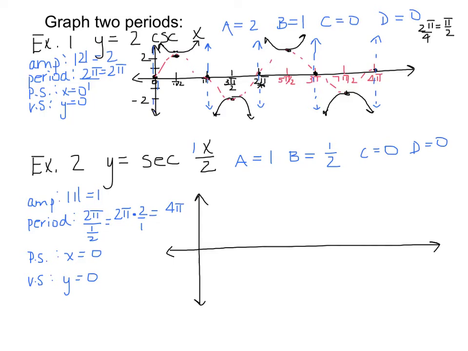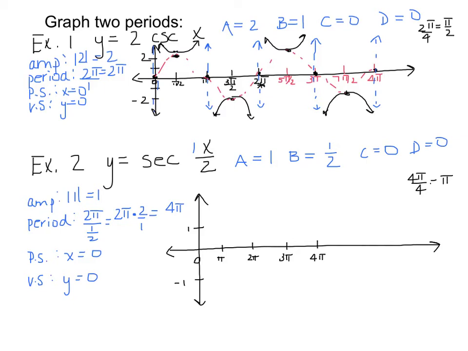So I'm going to take my period and divide by 4 to get my tick marks. So I'm adding 1 pi each time. So this will make it a little easier. So 1 pi, 2 pi, 3 pi, 4 pi.